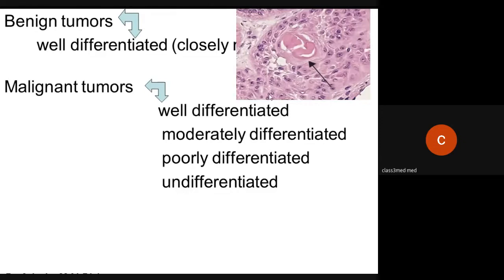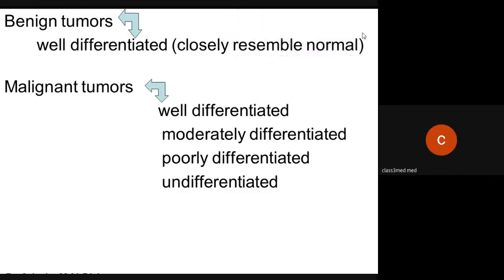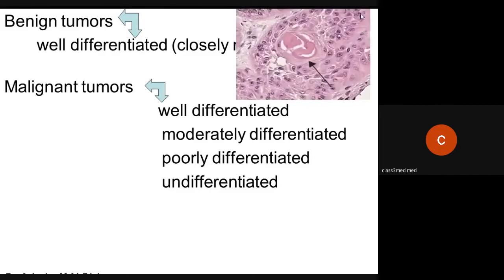These are squamous cells morphologically, and these are the cells similar to normal squamous epithelial cells, and this is keratin. The eosinophilic material in the center is the keratin.